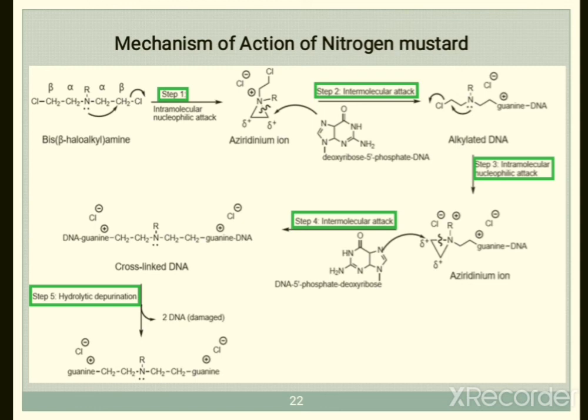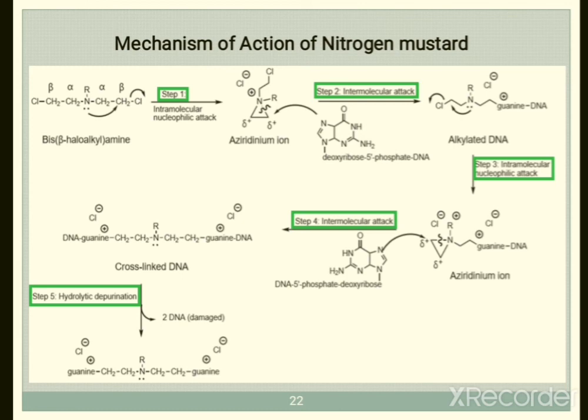The lone pair will attack the carbon of this aziridinium ion, and there is cleavage of the aziridinium ion, and you will get alkylated DNA fragment. With guanine, this aziridinium ion will alkylate the guanine. You can see the basic structure of alkylated DNA. This is the intermolecular attack.